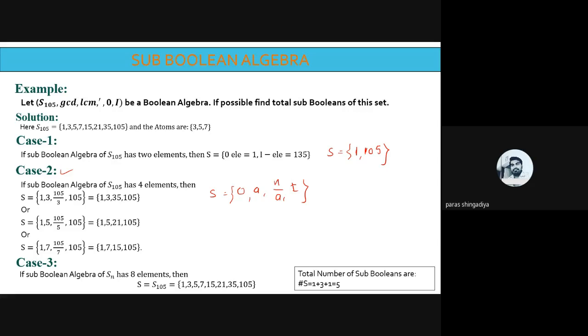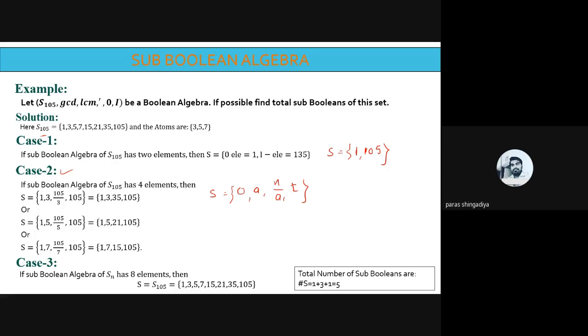Here 1 is the 0 element, then a equal to 3, and n equal to 105, so n by a is 105 by 3, comma I element, which is 105. Simplifying, we get 1, 3, 35, and 105. So that is the first set which contains 4 elements and is a sub-Boolean algebra of S105.